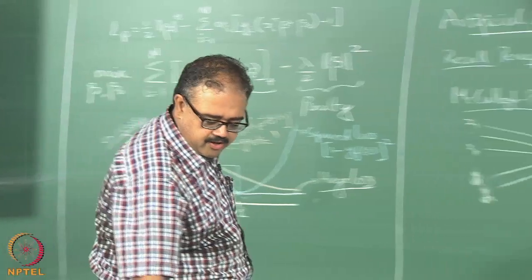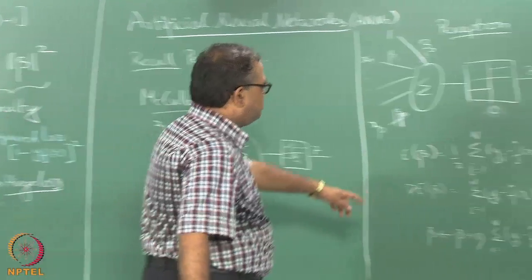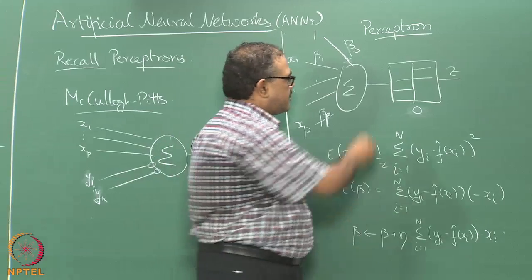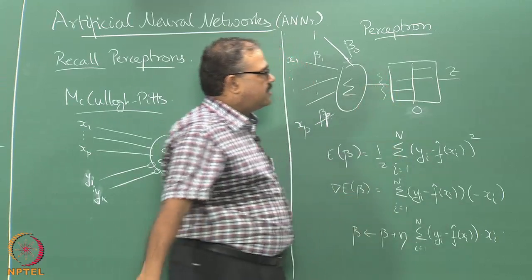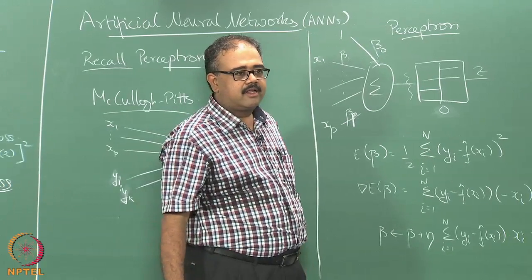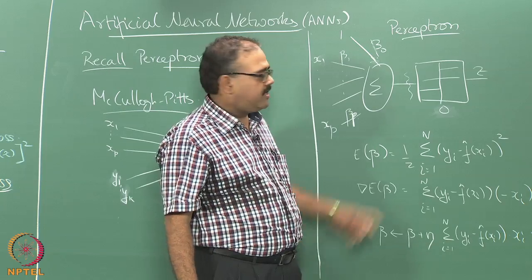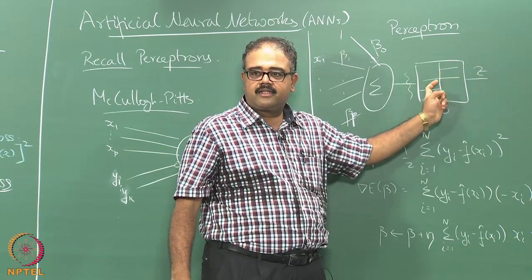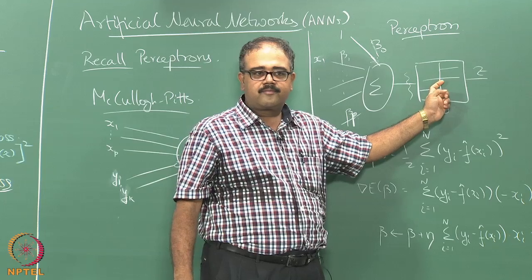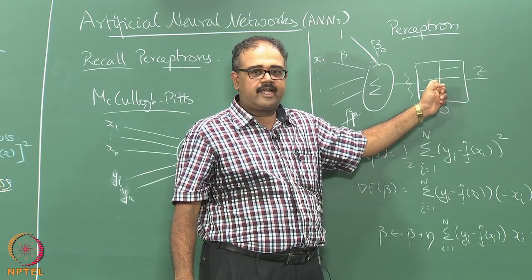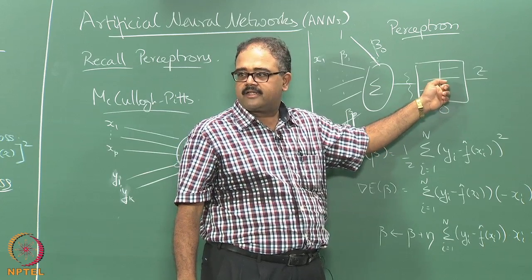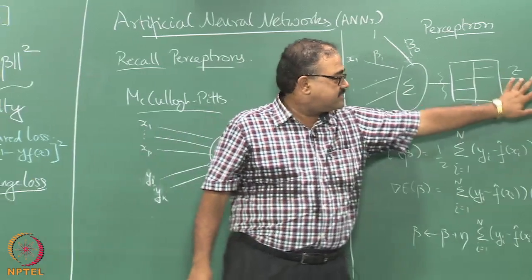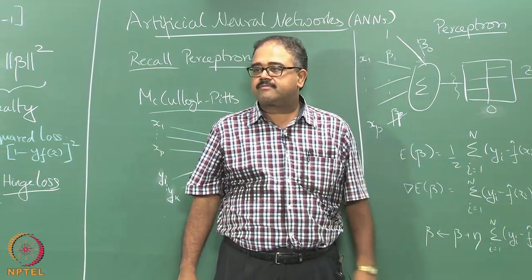In this case, we are writing a plain old squared error function. Otherwise, this is a non-linearity, the threshold is a non-linearity. I can't just take the derivative of z with respect to x.